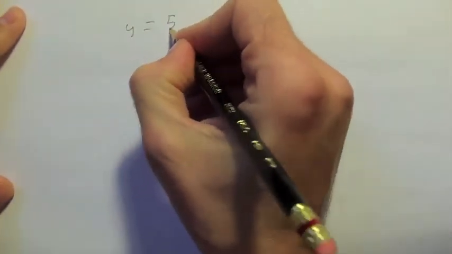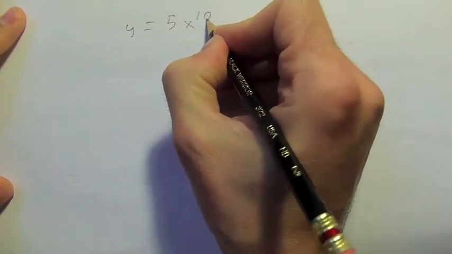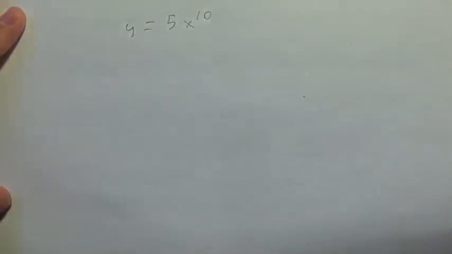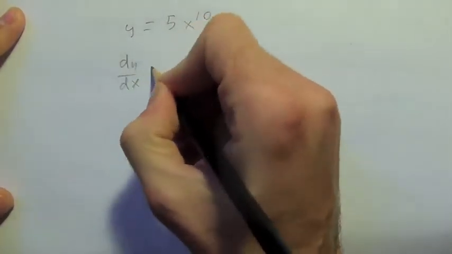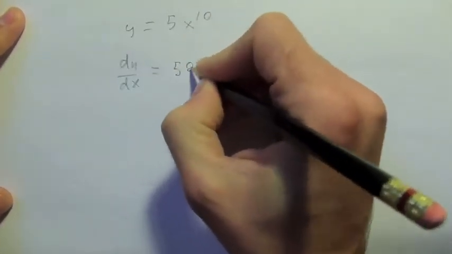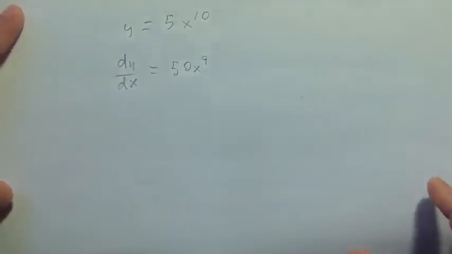Another thing I see a lot of people do is they'll see y equals 5x to the 10th, and they'll use the product rule. But remember, you don't need to use the product rule because the derivative is actually just going to be 50x to the 9th using the power rule.